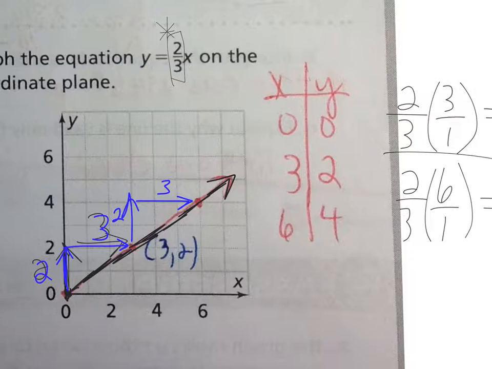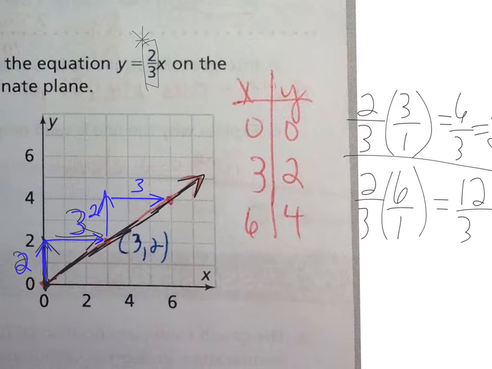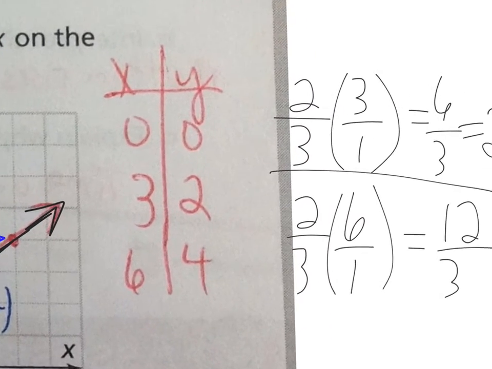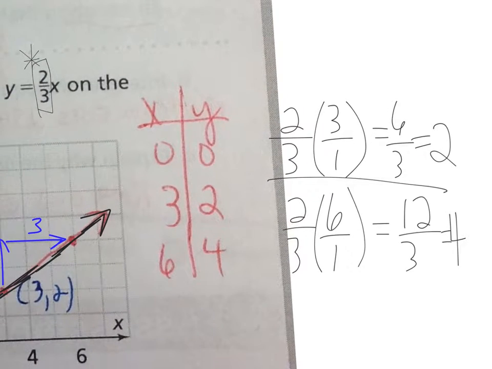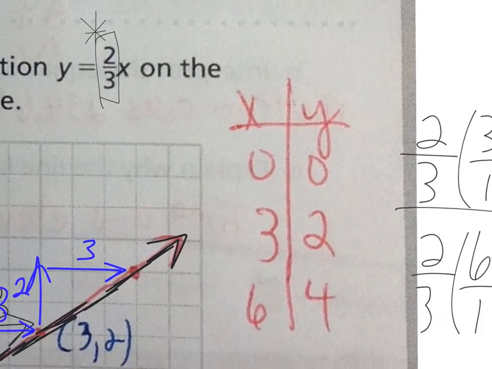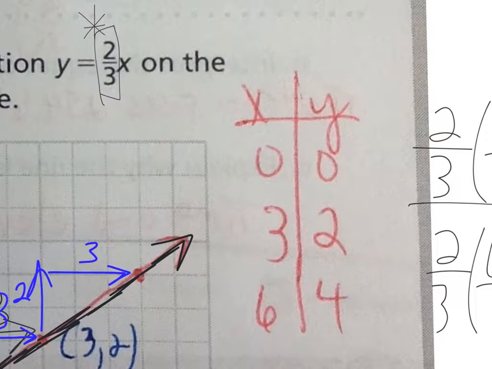Another way we talked about is you could make a table and just pick some points. If I'm picking points, since I have y equals 2/3 x, 0 I always like. So if you put a 0 in place of x, that'd be 2/3 times 0, which is just 0.